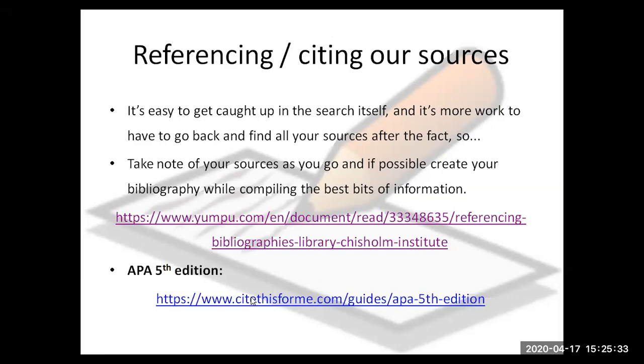So we click on APA, and then we want to mention the type of source. So it might be a website, it might be a journal, it might be a book, but ours is, although YouTube is a website, it's specifically a video, an online video. So that's what I'm going to use, this drop down one here, but also having a look at all the different types of sources where you may collect information from.